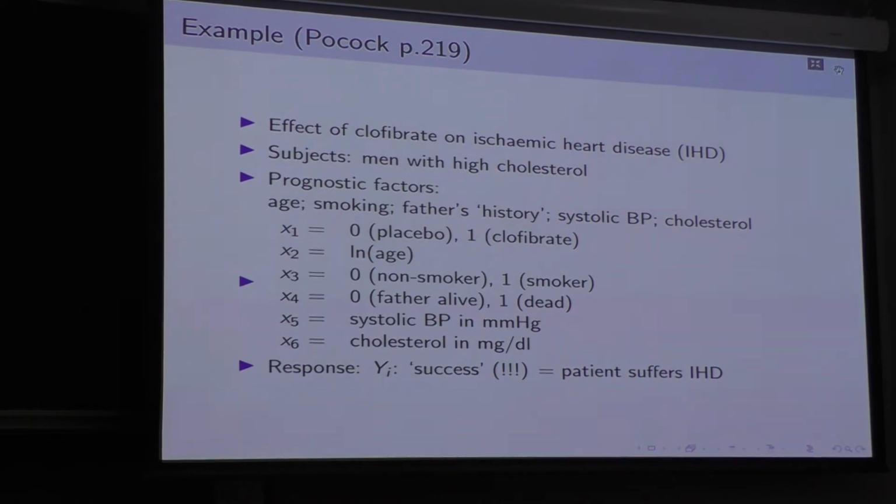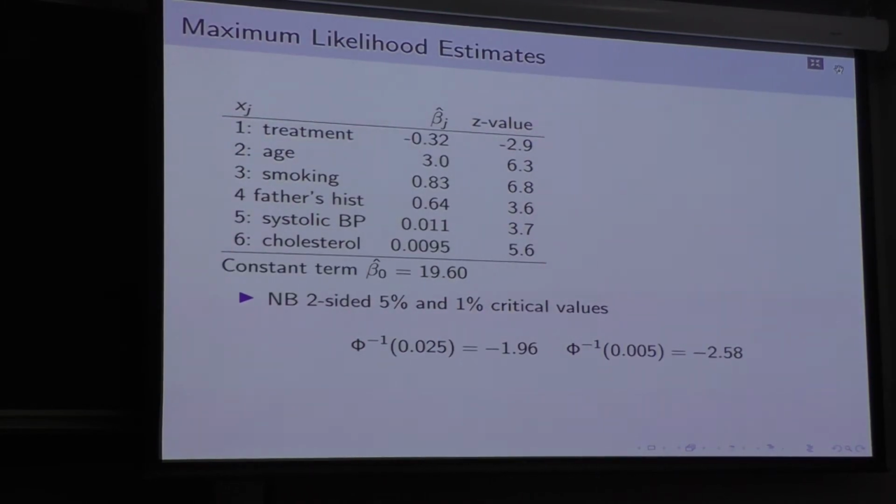The response has been coded up as Y being a success, meaning that the patient has heart disease. Not what you might think, but anyway, that's the way it's coded, and that does fit in with what we had before, I think. So this is what you would get out from R, or anything else that you did it in.